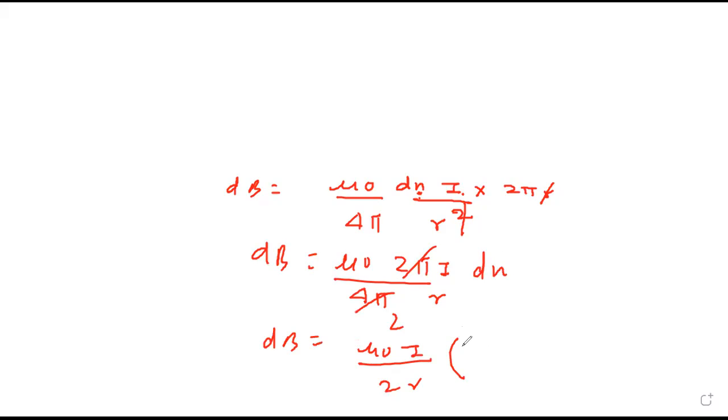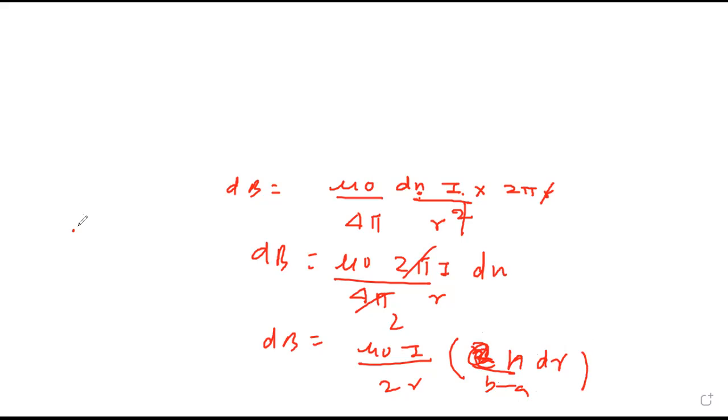We got dn as, how much is dn, n times dr upon b minus a, n times dr upon b minus a.